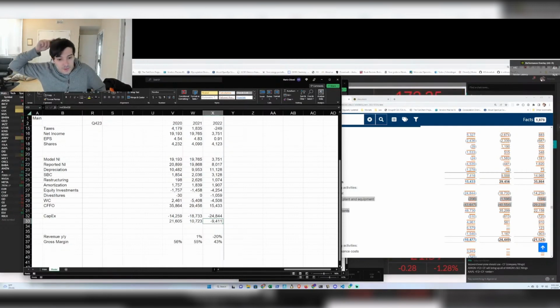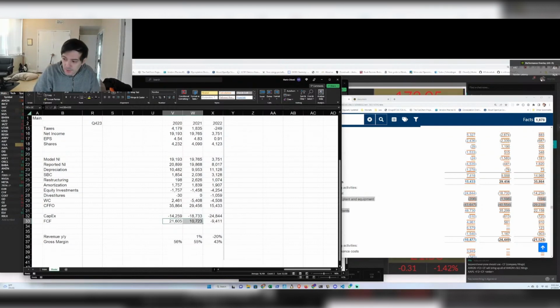An earnings multiple is kind of a poor man's way of doing a DCF. And how do you put an earnings multiple on earnings that are this volatile, right?